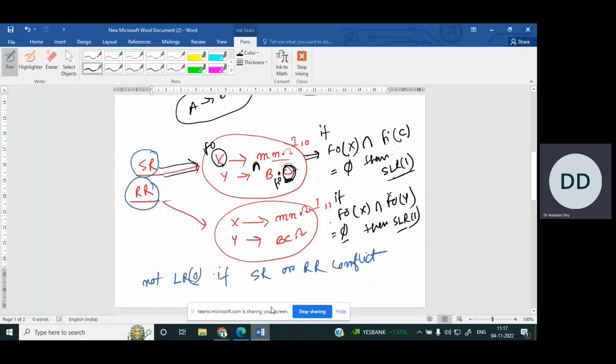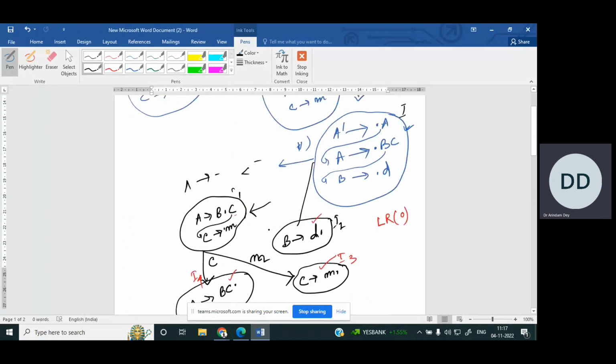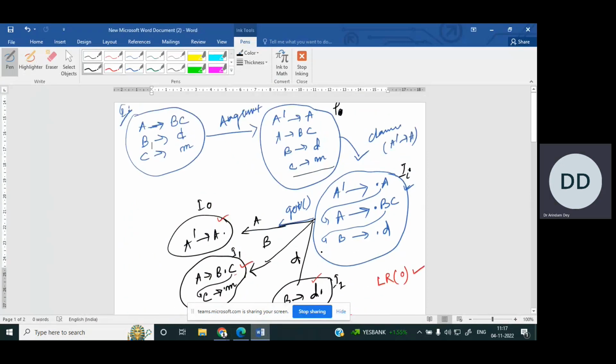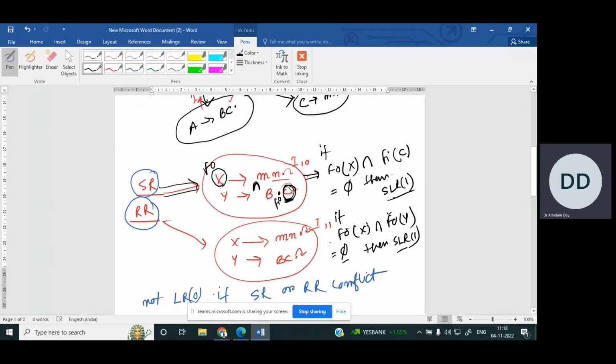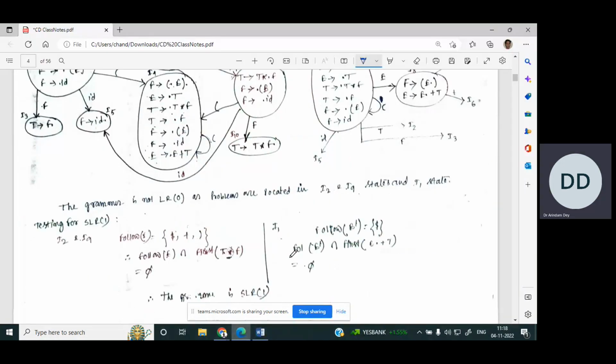Just you have to remember a few things, that if any conflicts are there, then the grammar cannot be LR0. If conflicts are there, I have to perform these two operations. For the reduce-reduce case, intersection of follows. For the shift-reduce case, intersection of follow and first. Okay.